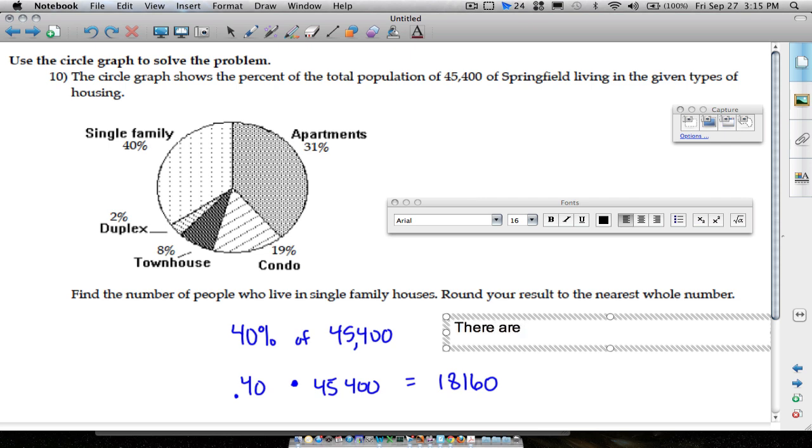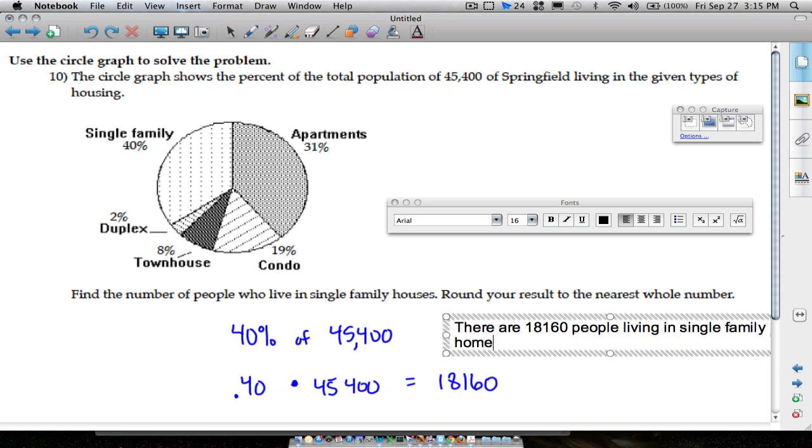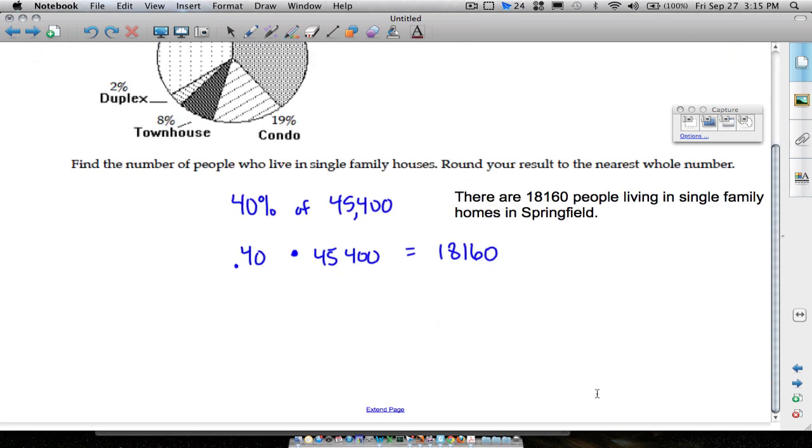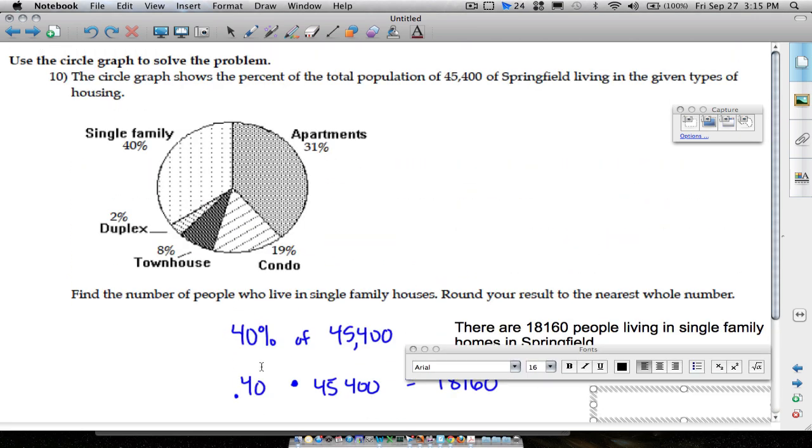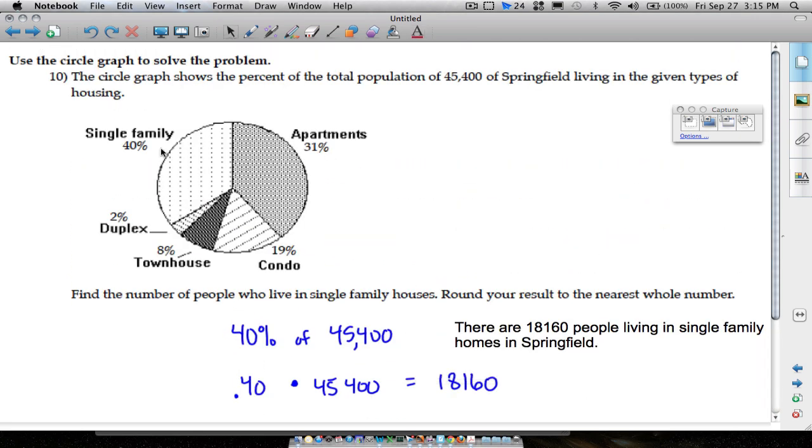There are 18,160 people living in single-family homes in Springfield. All right. Do we have another question for that one? No, number 10.